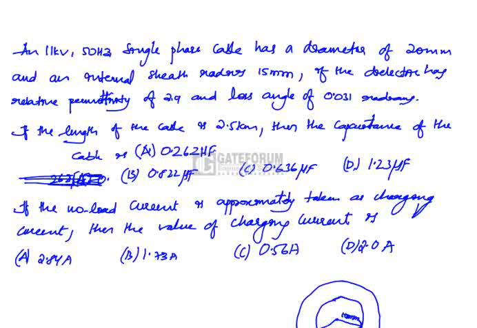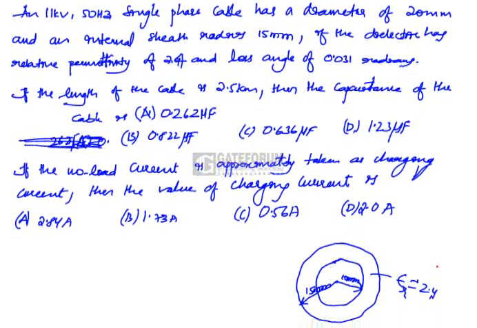If the dielectric has relative permittivity epsilon r equal to 2.4, and a loss angle delta of 0.031 radians, and the length of the cable is 2.5 kilometers, then we have to find the capacitance of the cable.